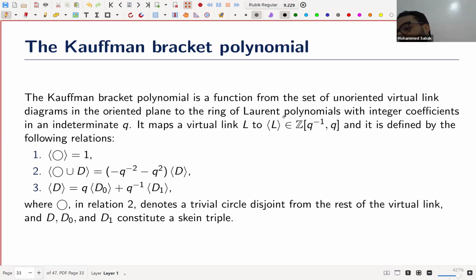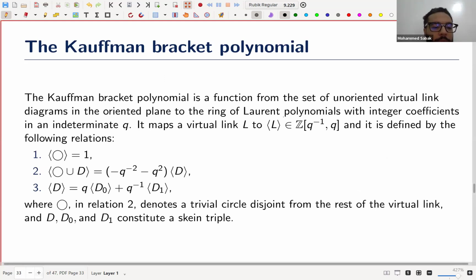The Jones-Kauffman polynomial, or the Kauffman bracket polynomial, is defined recursively by three famous axioms. For the unknot without any crossings, it is 1.